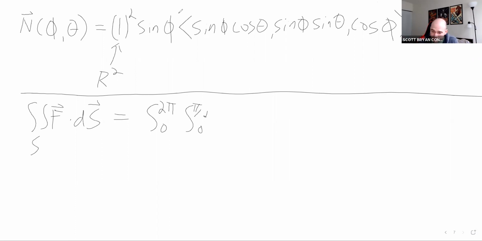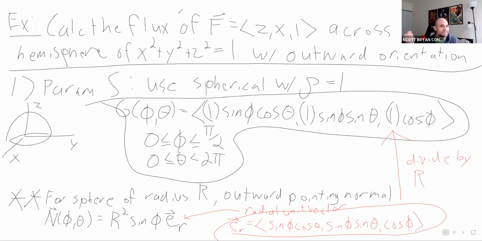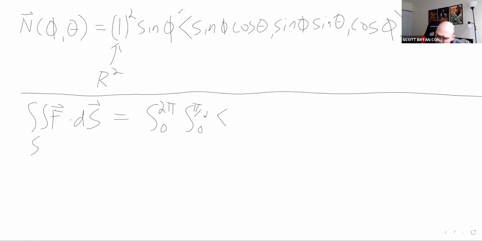Our vector field F was z, x, 1. We need to replace x, y, and z with their parameterizations. So z is cos phi in our parameterization. x is sine phi cos theta. And 1 is 1, of course.